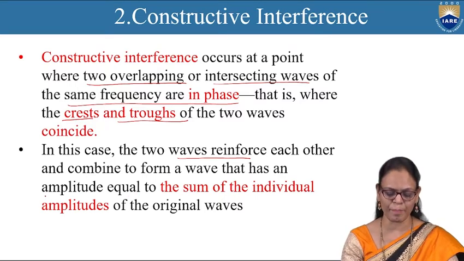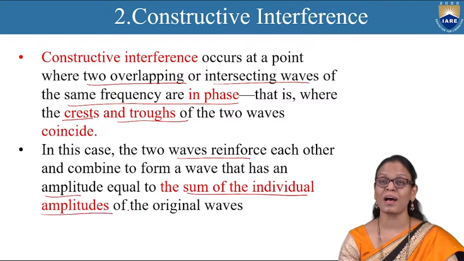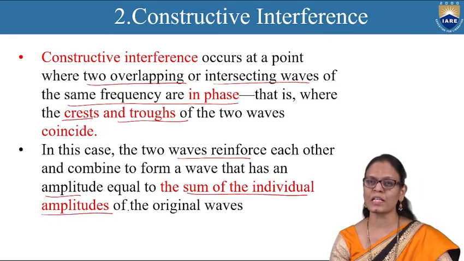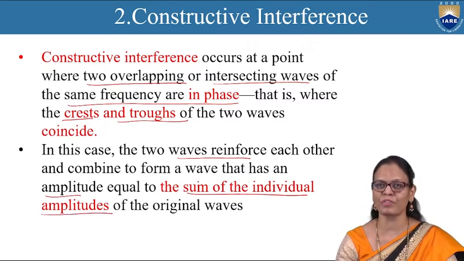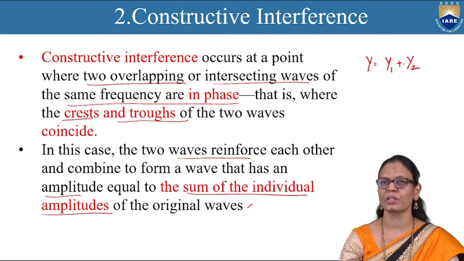And that has an amplitude equal to the sum of the amplitudes. The resultant wave has an amplitude which is equal to the vector sum of the individual amplitudes of the 2 waves. That is what we have seen. y is equal to y1 plus y2. This is what we see in constructive interference.